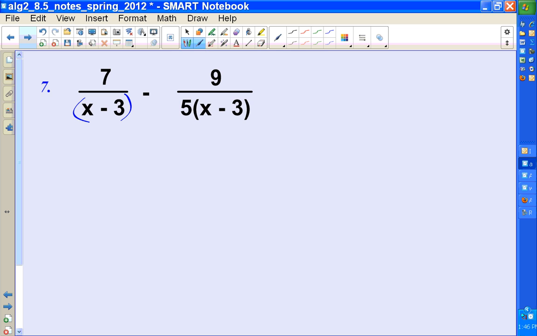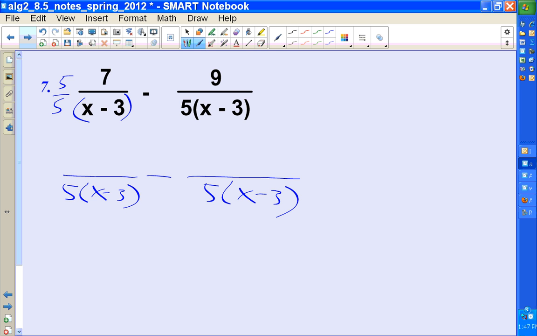as one entity. So the LCD, when I write my two fractions, what is the LCD going to be? 5 and an x minus 3. What do we have to do to this denominator to get the LCD? By 5. So we're doing top and bottom again by 5s.